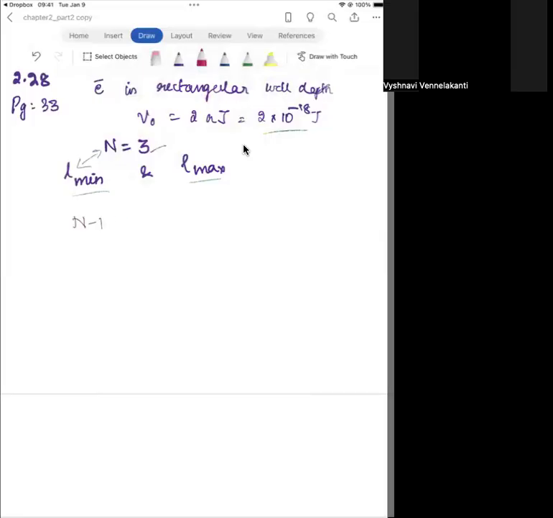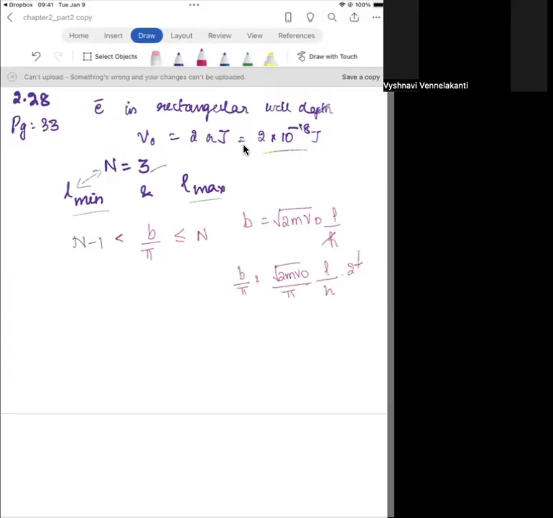So we know this connection between the number of bound states and B, where B is a function of L. So B over pi is going to be H over pi.